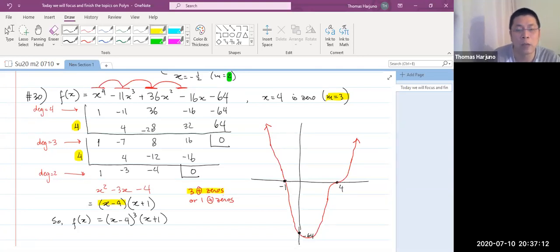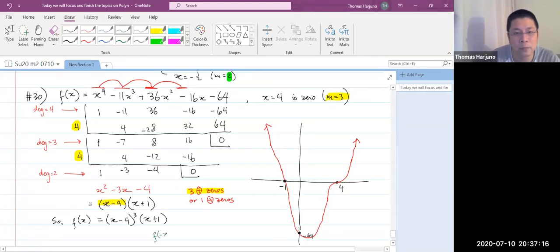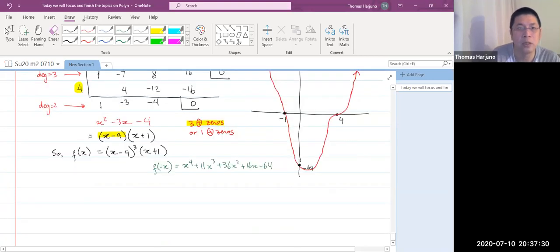Now, what happens if we look at f of negative x? f of negative x will be x to the 4 plus 11x cubed plus 36x squared plus 16x minus 64. You see that there is no variation here, no variation here, no variation here, 1 variation here.